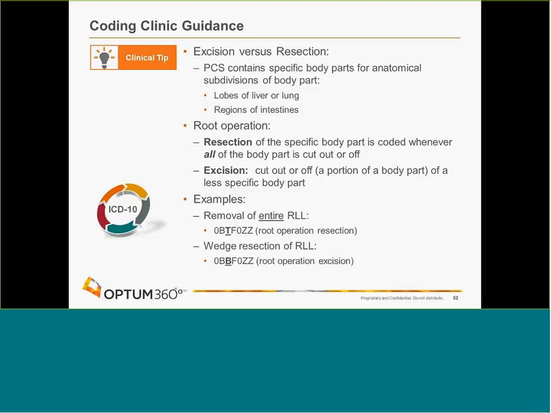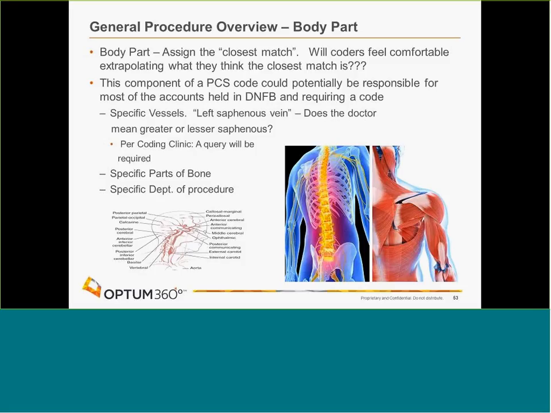Some of these are broken down by lobes, so you don't have to take out all of the lung, all 5 lobes. With the lung, if you remove one whole lobe, that is actually considered a resection because it is the entire section. And if you do part of a lobe, such as a wedge resection, that's an excision. So it does get a little tricky. People who know it quite well get confused and have to sit down and reference this, including myself.